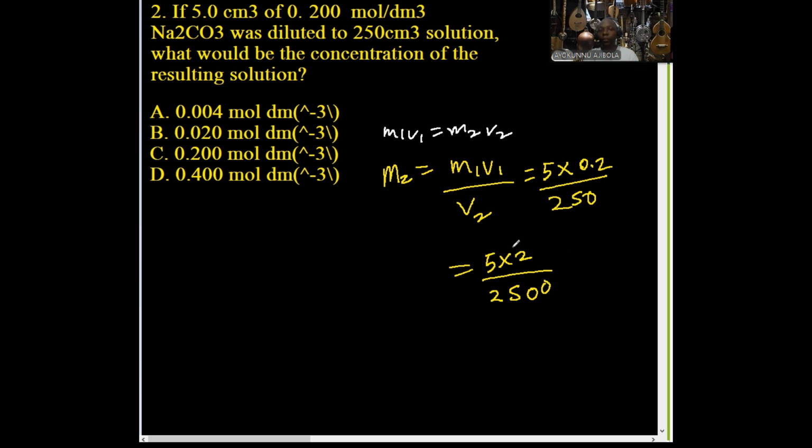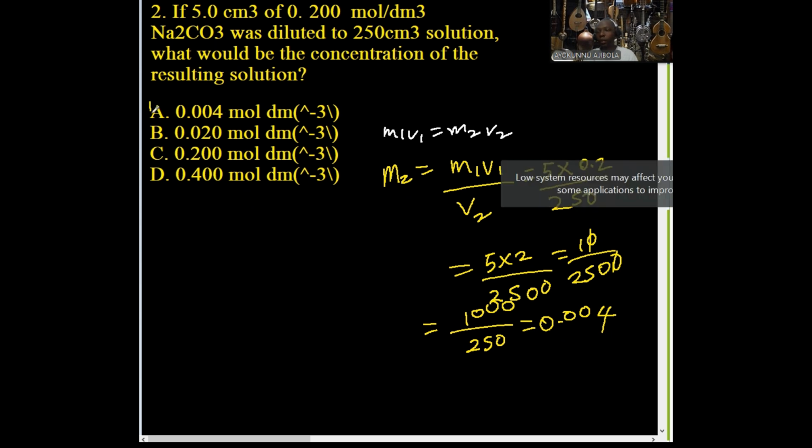This is 10 over 2500. 10 cancels 10, then we have 1 over 250, which is 0.004 mole per dm cube. So that's why the first option is going to be correct.